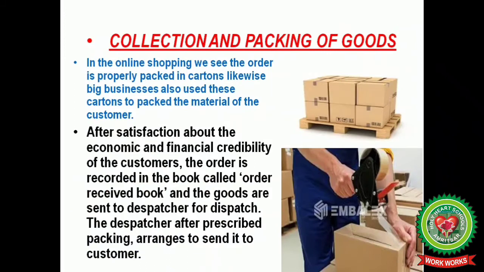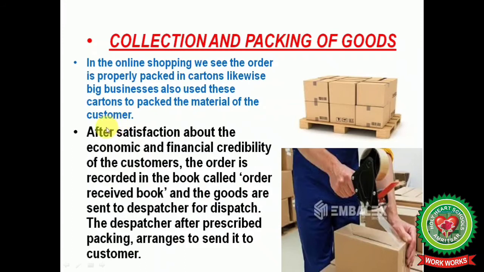Then the next one is collection and packing of goods. So for example, like in online shopping, we see the order is properly packed in cartons. Likewise, big business houses also use these cartons to pack the material of the customer.